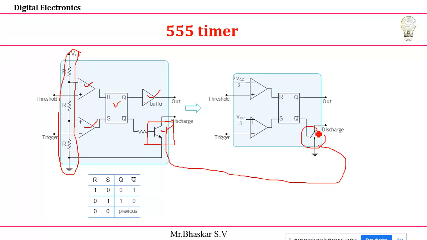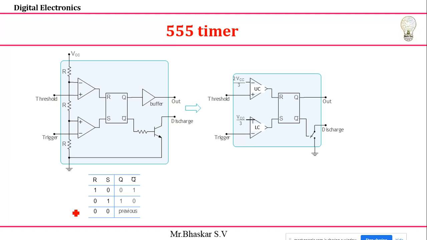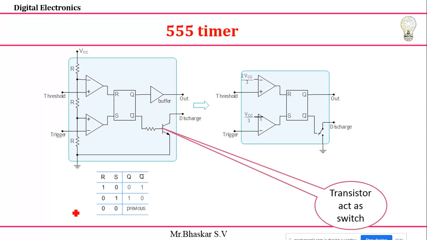Carefully observe how it is working. This is very important. Here the transistor acts as a switch. If the base of the transistor is given 0, the switch is open, not connected to the ground.